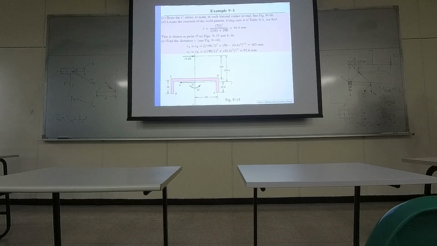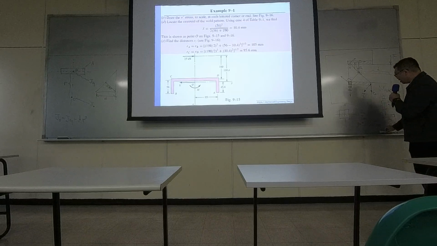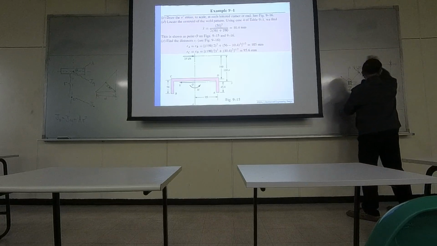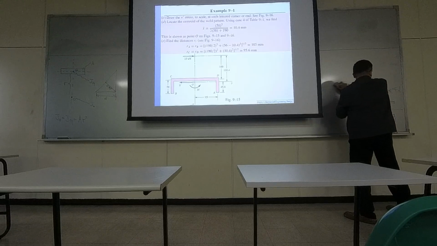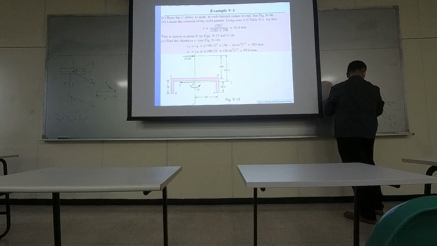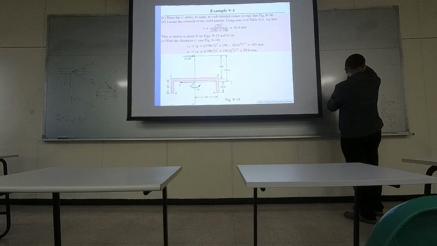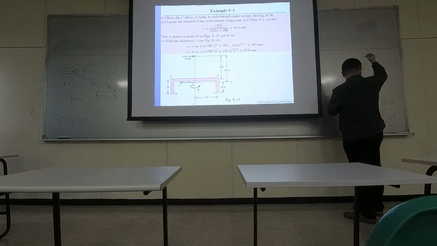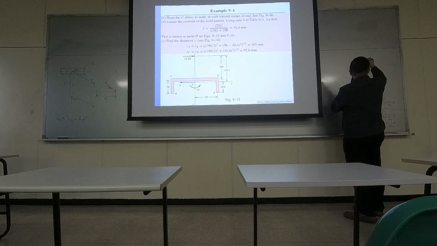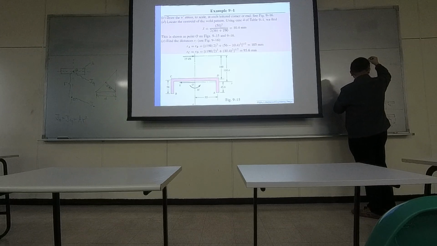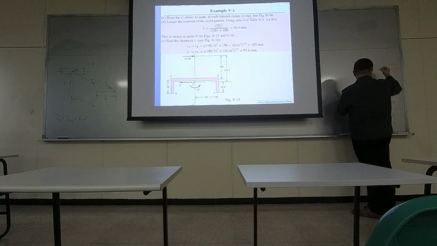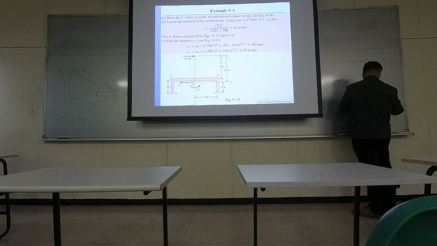So supposedly, if this is going to balance out, then you should have W2 times X bar equal to 2 times W1 times this particular distance.